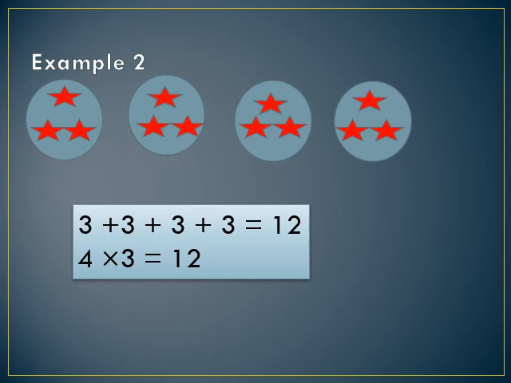That is 3 plus 3 plus 3 plus 3 is equal to 12. That is 4 times 3 is equal to 12. Or you can say that 4 multiplied by 3 is 12.